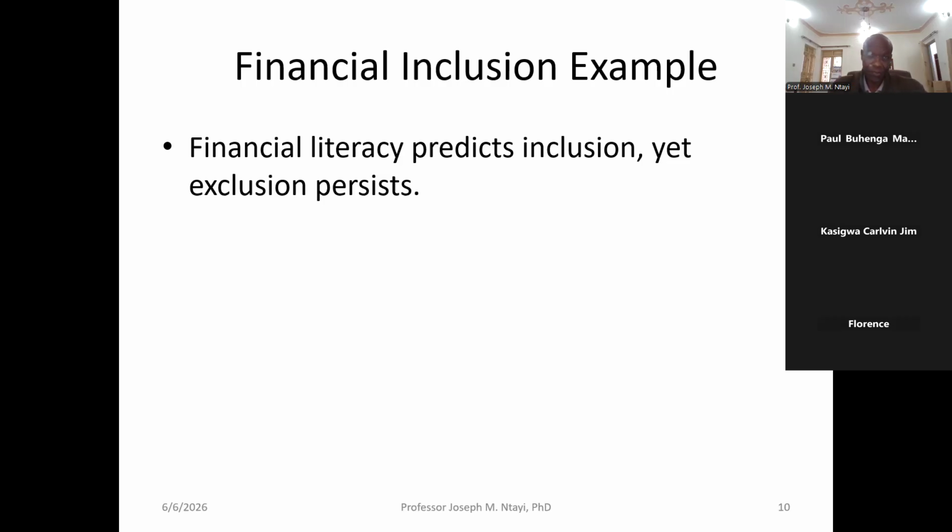You pick that information from the financial capability theory, and you also pick it from the human capital theory. So they all seem to be pointing in that direction: if you have financial literacy programs and people become financially literate, then they're likely to access and use financial services.